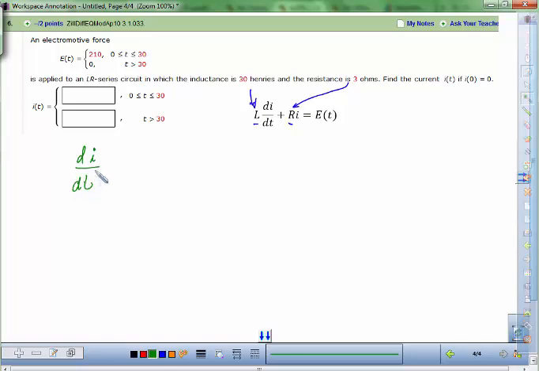Sometimes people use capital I because little I looks a lot like the imaginary number. And then we'll redo the same problem. Probably won't have to redo the whole thing in so much detail because we would have gone through the procedure of solving for the other one.